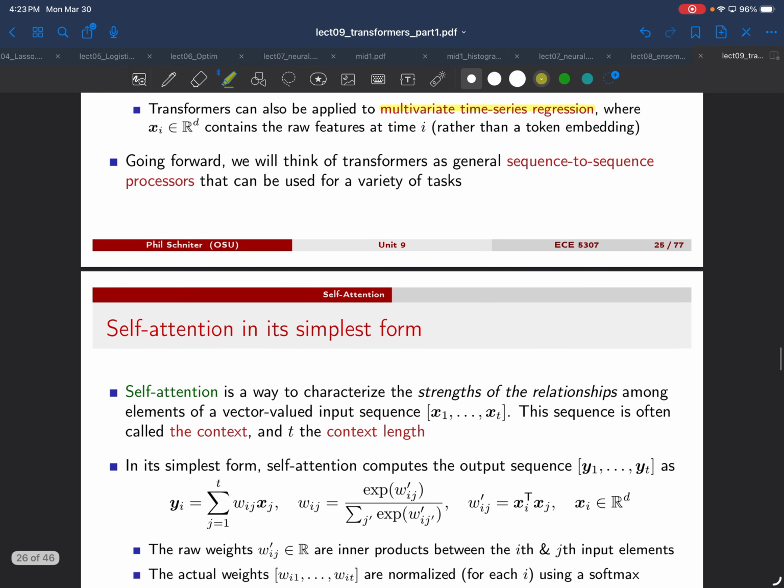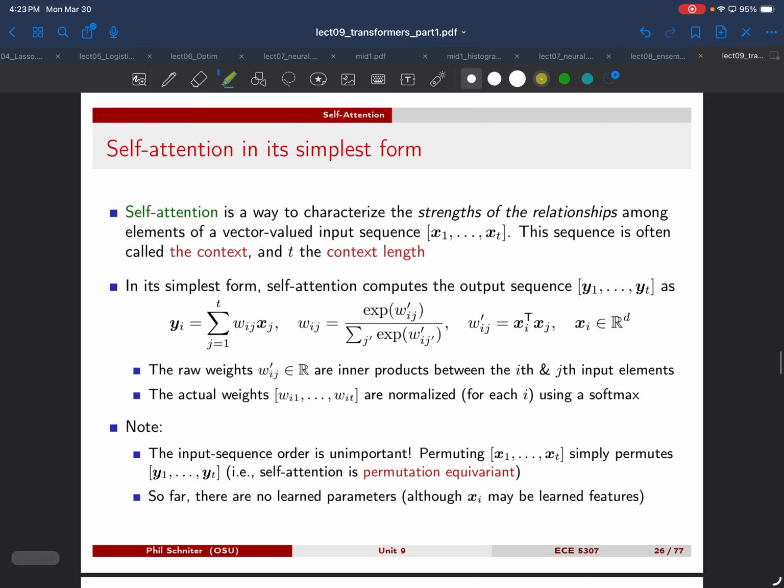Okay, so we're going to learn about self-attention now, and we're going to start with the simplest possible variant of it, and then we'll make it a little bit more complicated. As we discussed before, we would like to know how each embedding or token in our sequence is predictive for other ones.